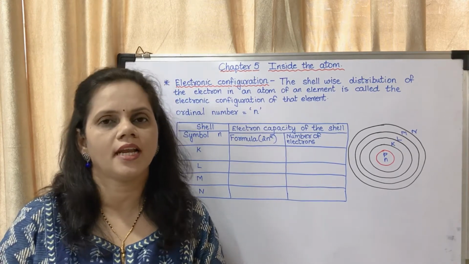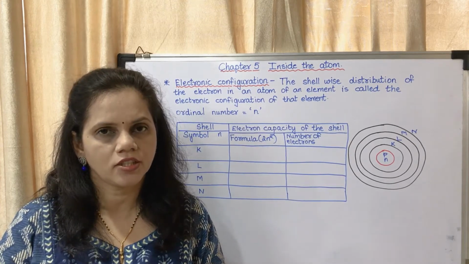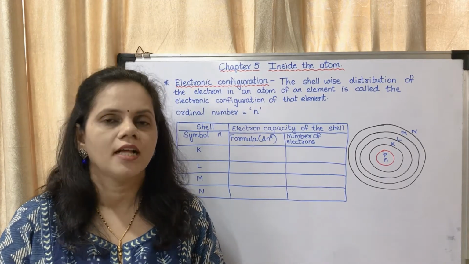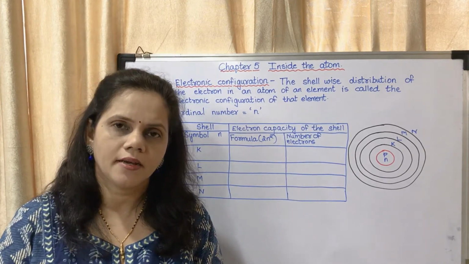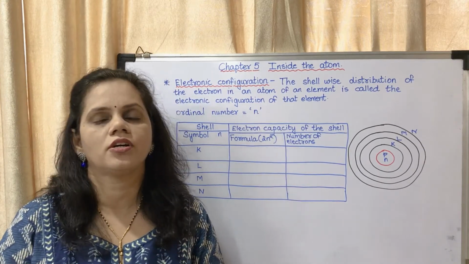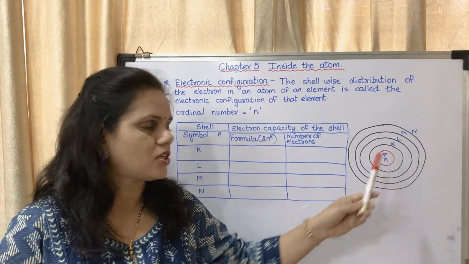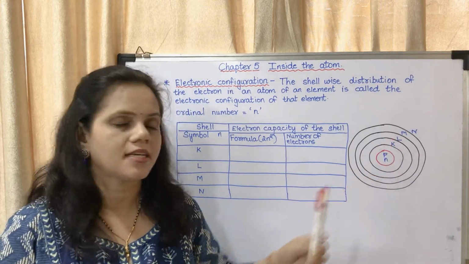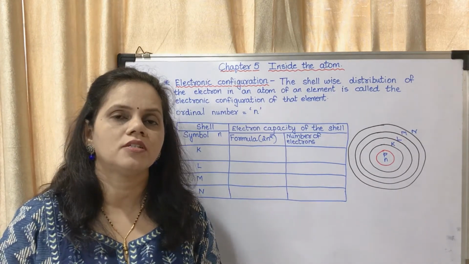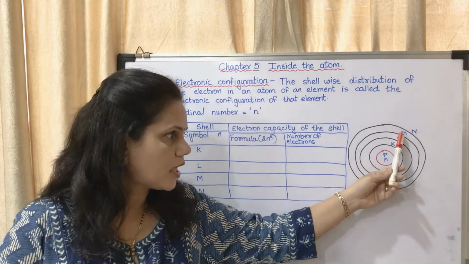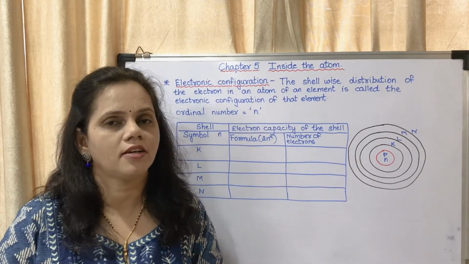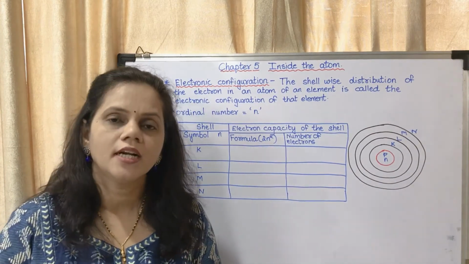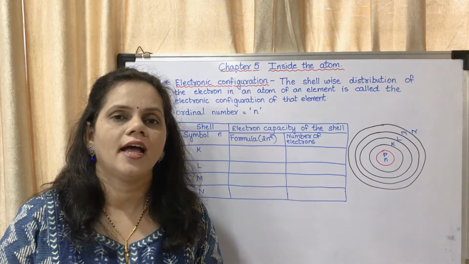That is, there is a particular maximum number of electrons which can be accommodated in the K shell, the L shell, the M shell, and the N shell. Okay. So the maximum number of electrons has been decided.